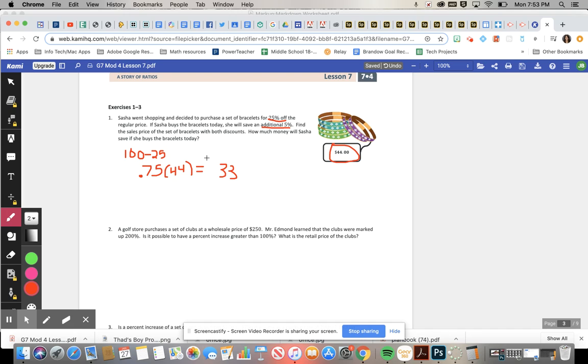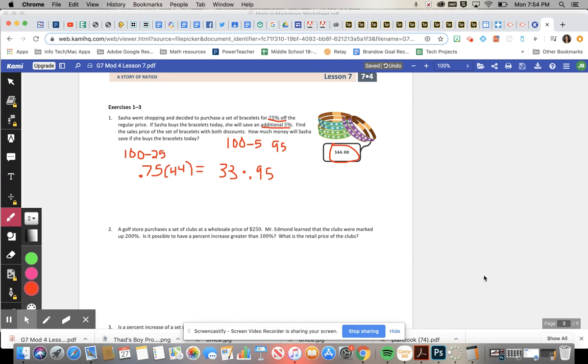$33. Okay, and then if she purchases them today, she gets an additional 5%. So we take our 100%, minus the additional 5% discount, which leaves 95%. I'm going to take the price after the 25% discount times the decimal for this discount, which is 0.95.